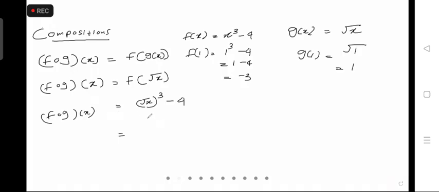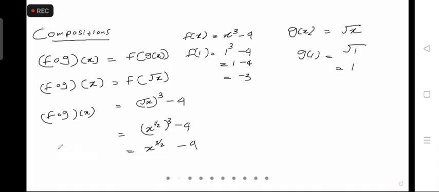Right? You cannot solve further, you can write it this way. Root x means here 3 minus 4, that means x to the power of 0 is the answer.